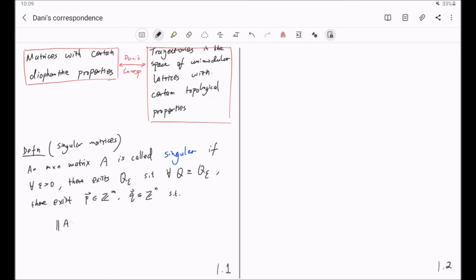if you look at the maximum norm of Aq plus p, here by maximum norm we mean the maximum of all the components of this vector in R^m, such that this maximum norm is less than or equal to epsilon times Q raised to power negative n over m.